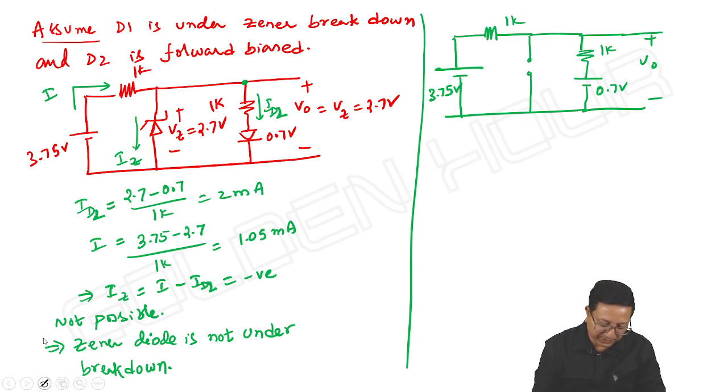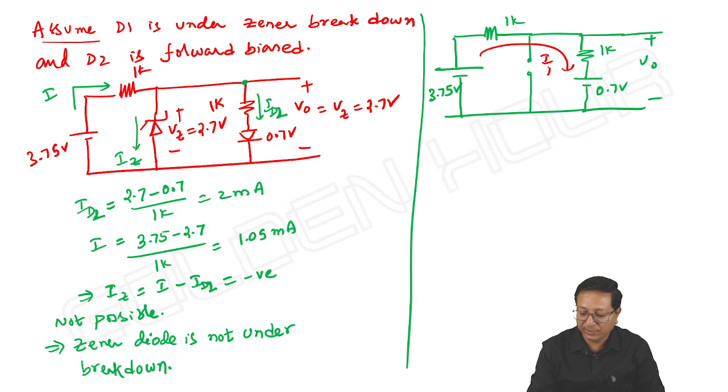So how do we find the output then? The entire current will go like this. I can say this current is ID2. So V output is equal to ID2 into 1 kilo ohm plus 0.7 volts. What about ID2?